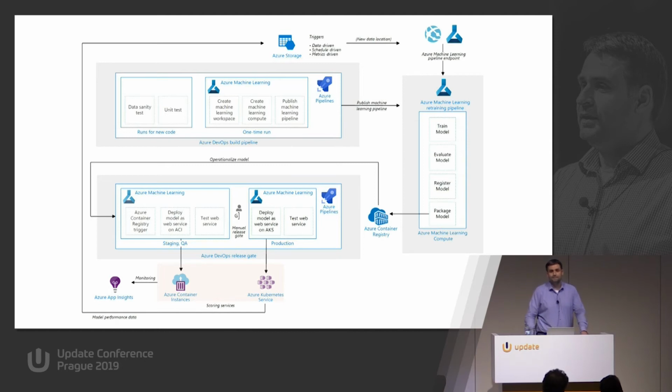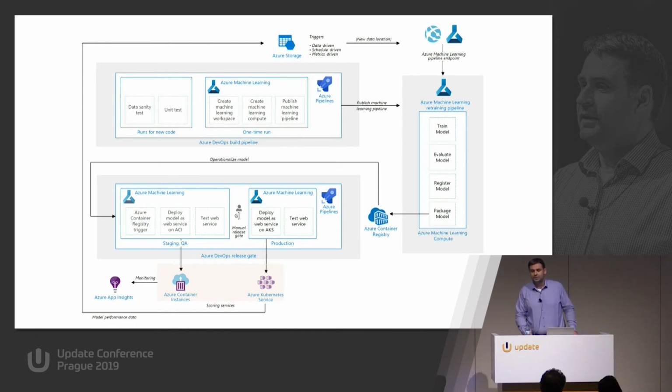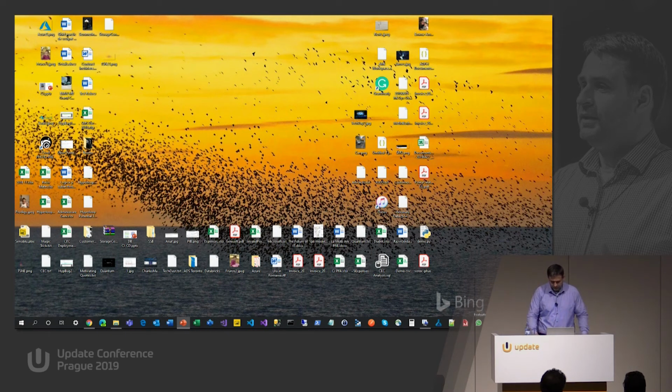And then as you can see, when you deploy into production, there is that connector that goes all the way around the slide to collecting telemetry data about the behavior of your model, for example, in a blob storage, and then at some point, a new retraining pipeline is triggered because, for example, model drift has been detected. So, let me now switch and start to show you some of the pieces of this.